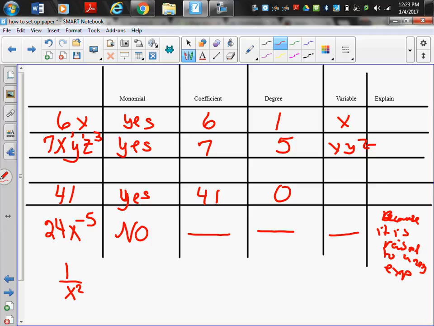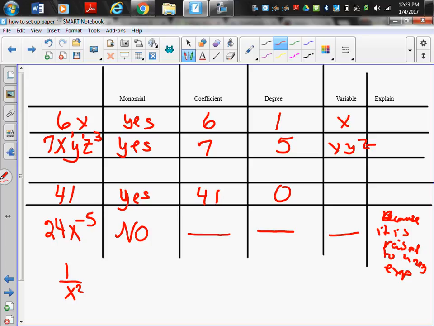I think no. It's a fraction. It is a division problem.